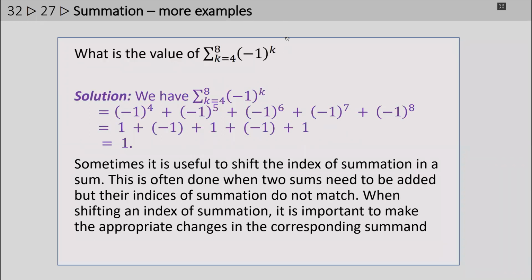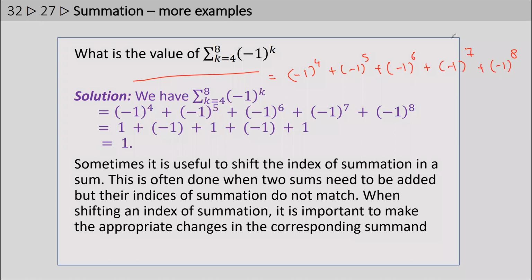So can we calculate this value? Yes, of course. Sigma of minus 1 to the power of k, where k starts at 4 and ends at 8. So it's minus 1 to the power of 4 plus minus 1 to the power of 5 plus minus 1 to the power of 6 plus minus 1 to the power of 7 plus minus 1 to the power of 8.